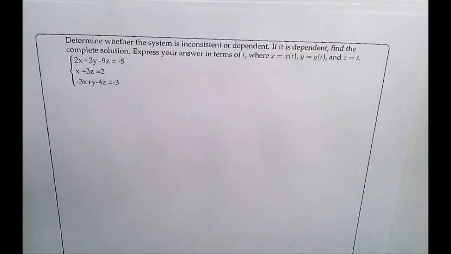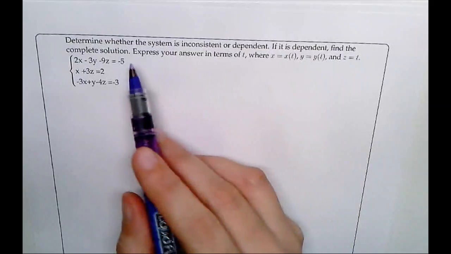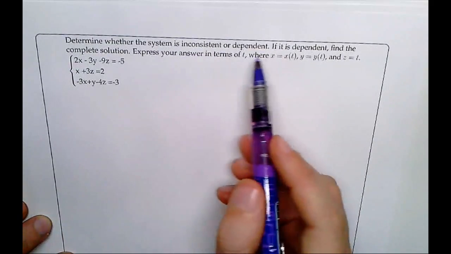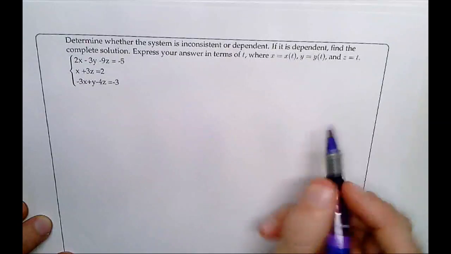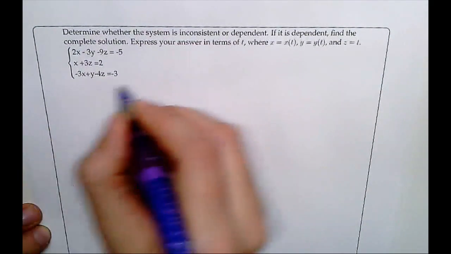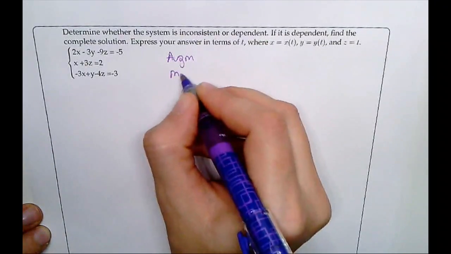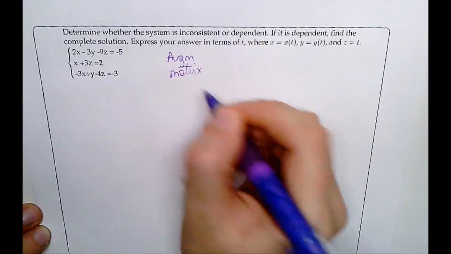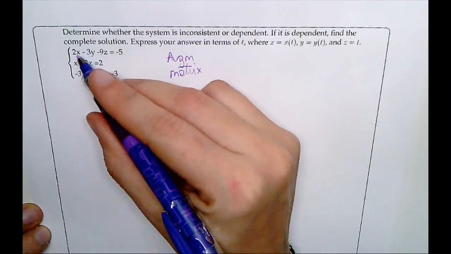Determine whether the system is inconsistent or dependent. If it's dependent, find the complete solution and express your answer in terms of t, where x is that. We will see in a second what that means. Okay, so my first step is to find the augmented matrix. The augmented matrix is going to be the coefficients.